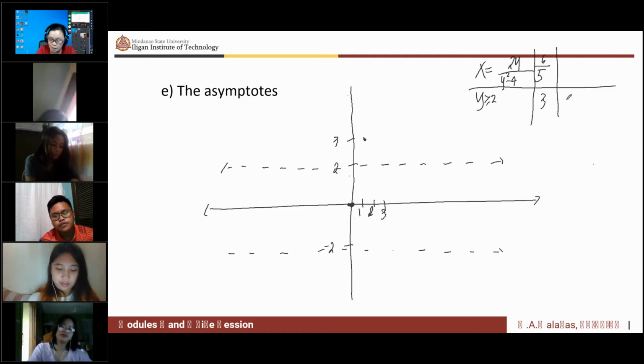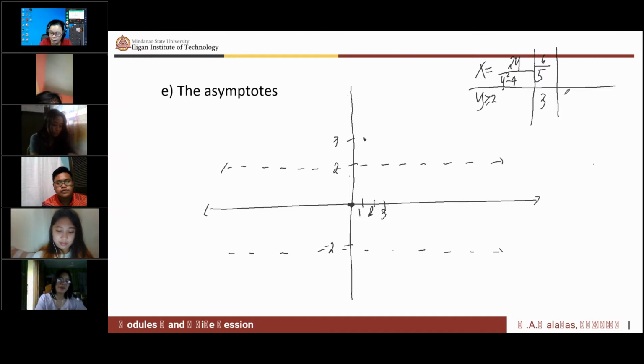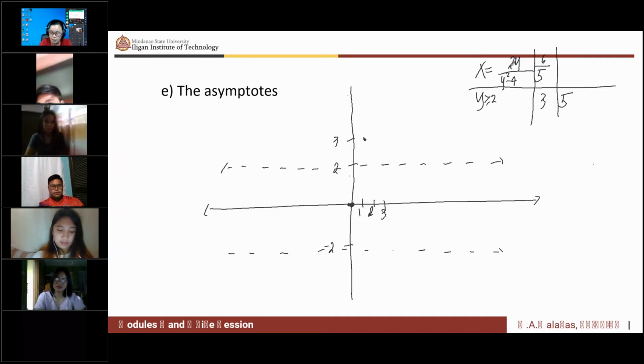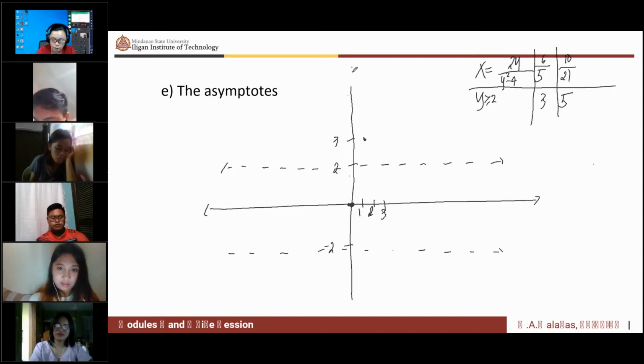If y is, say, 5, then you get 10 over 25 minus 4, that's 10 over 21. So it's getting closer here. It's asymptotic to the line x equals 2.